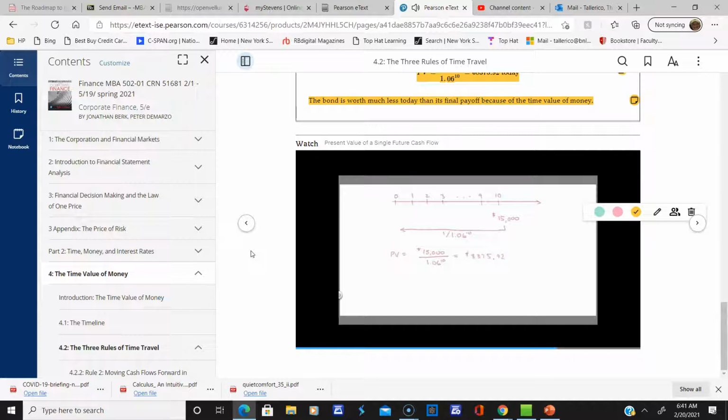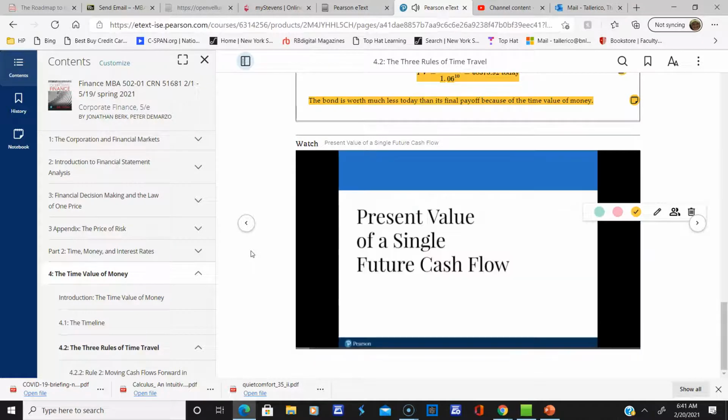In other words, investing this amount at 6% interest would grow to become $15,000 after 10 years. Because this is another way to obtain the same payoff as the bond, by the law of one price, this must be the competitive price for the bond today. That is, the market price for the bond should be $8,375.92. Okay, so I hope everyone was clear about that.